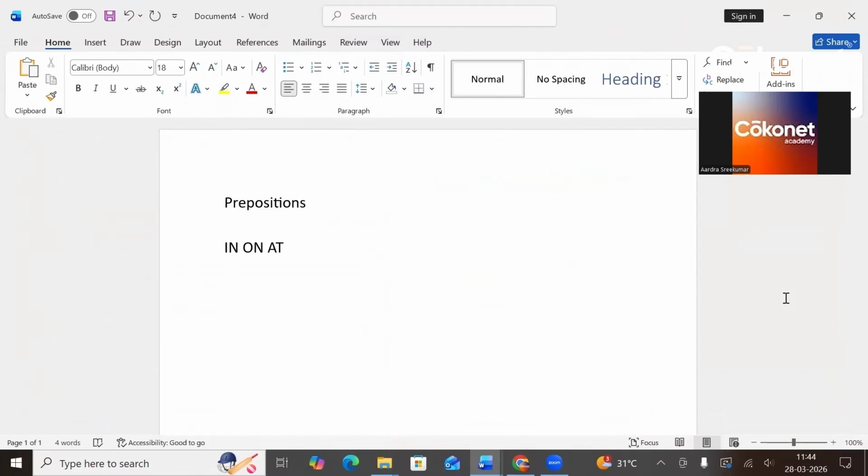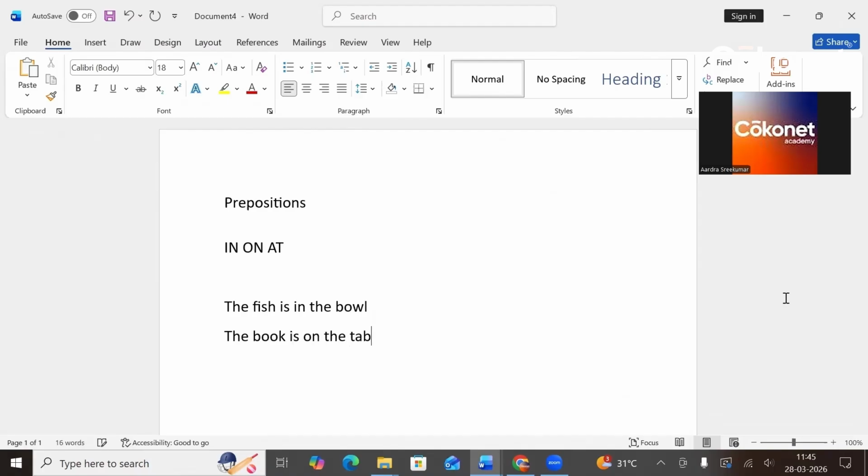Okay. So, the most common meaning of in and on is, for example, the fish is in the bowl, indicating that it is inside the bowl, right? And the book is on the table.